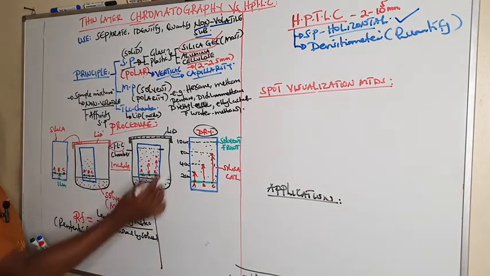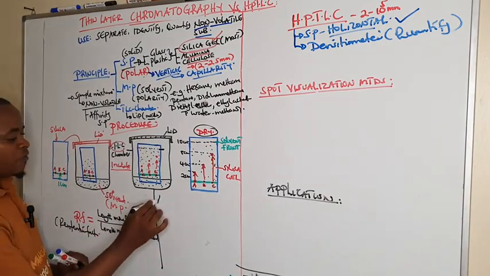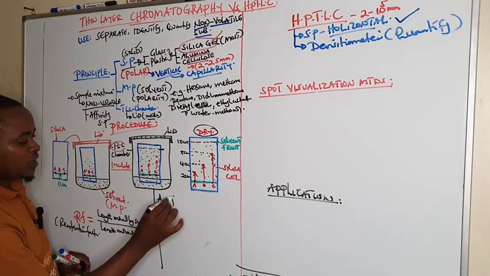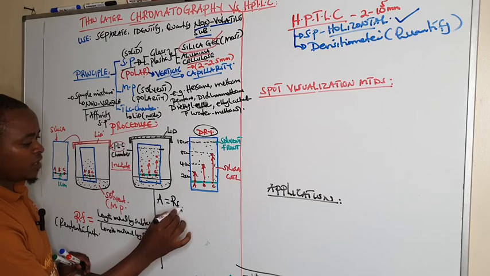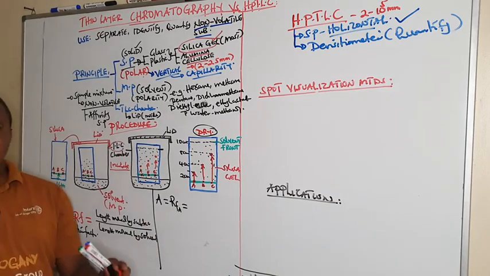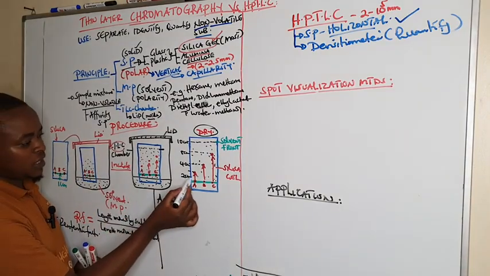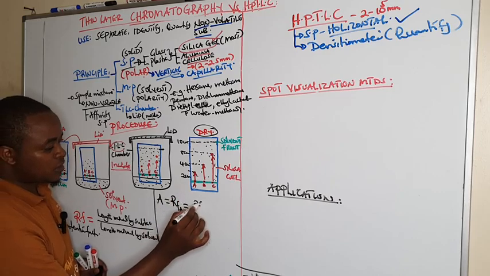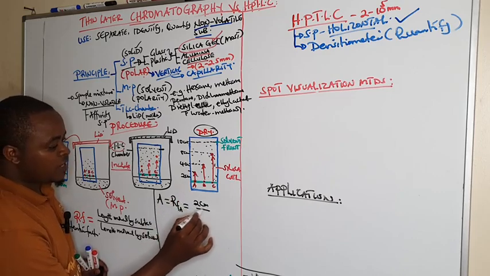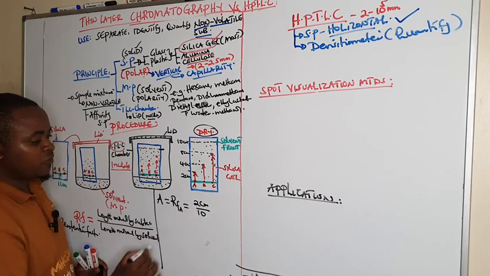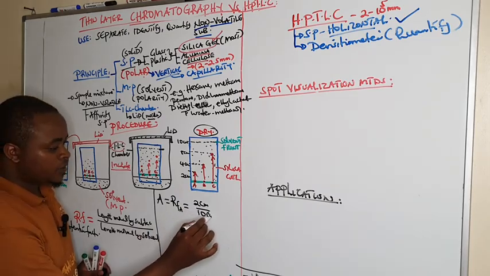So in our example here, for substance A, the retention factor of A is equal to the distance migrated by substance A, which is 2 centimeters, divided by the solvent front, which is 10 centimeters.